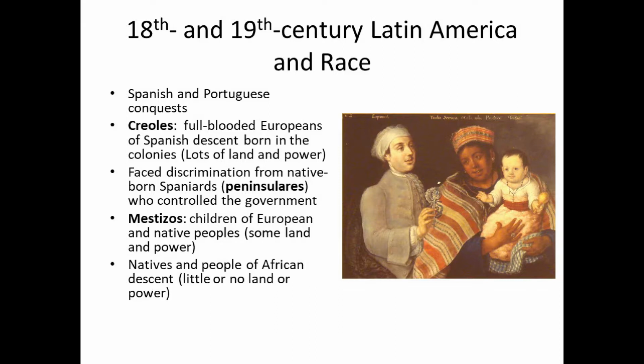Remember that a large number of people from Africa are going to be brought as slaves into Latin America, especially into Brazil. And these people often have little or no land or power. They're oftentimes at the margins. And of course, the poor people that are being brought from Africa, not only do they not own property, typically they are considered property.